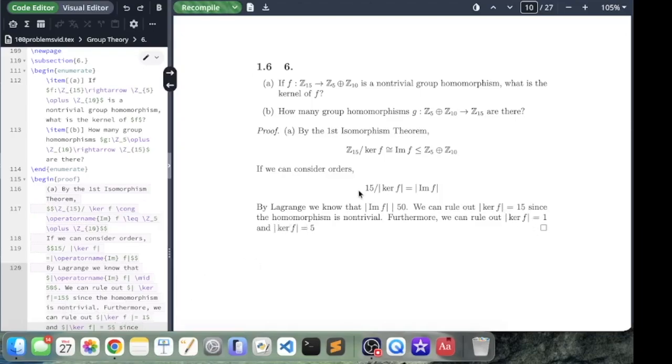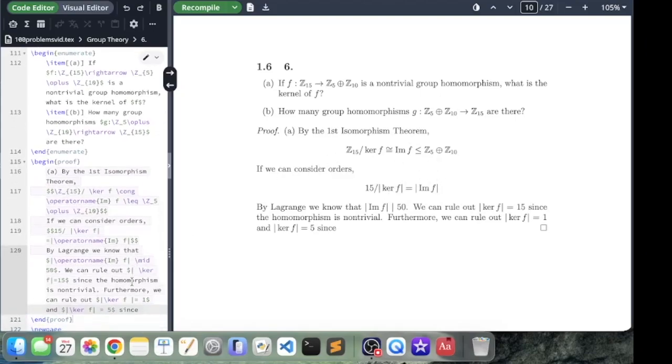If it was 1, then we'd have the order of the image equals 15, which does not divide 50. And if it was 5, we'd have the order of the image equals 3, which does not divide 50.